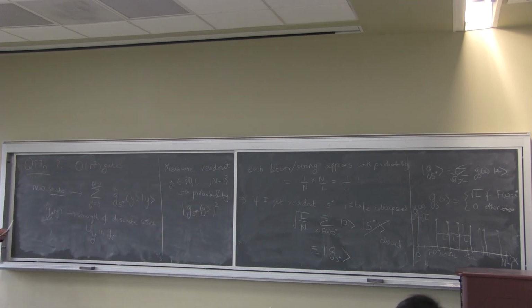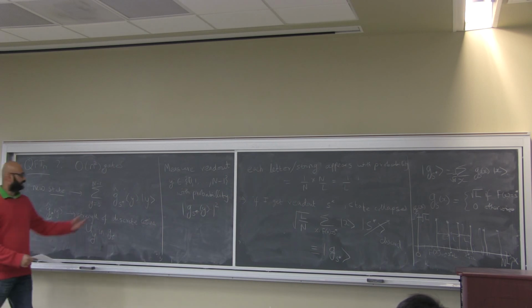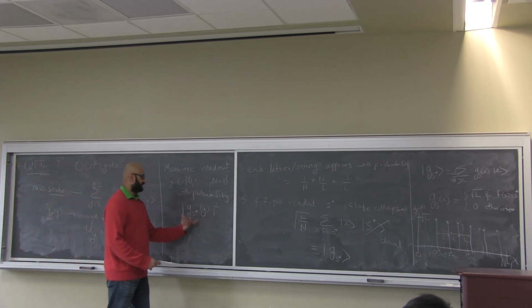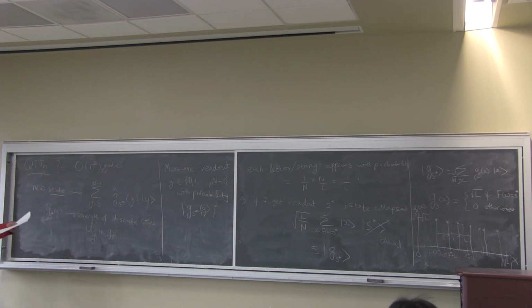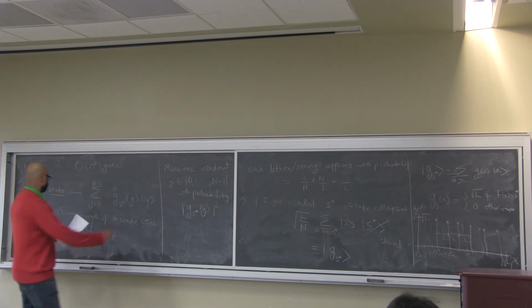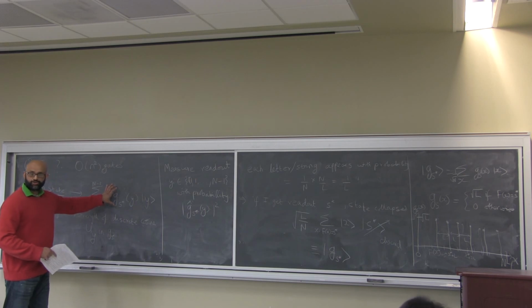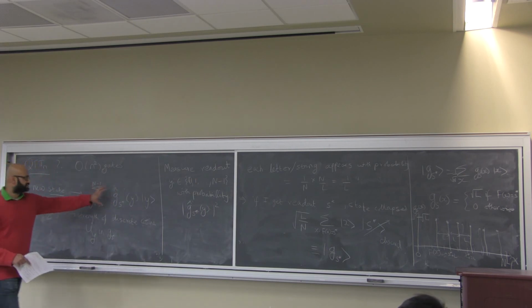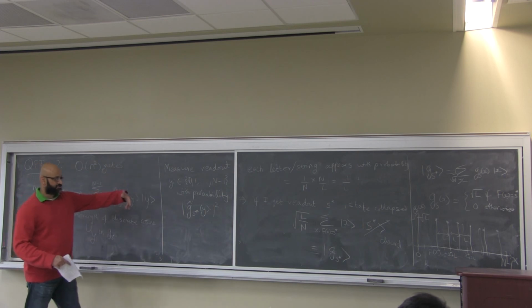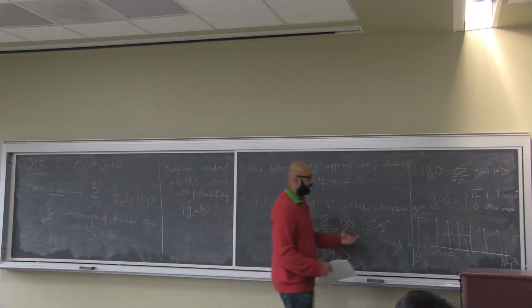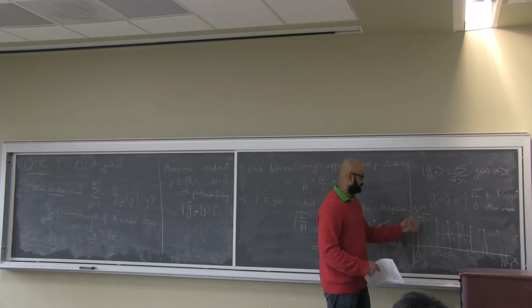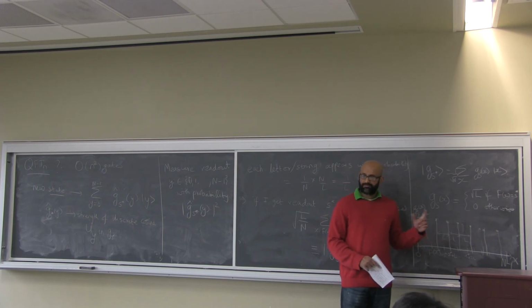So when I measure the readout now on the input register, I will get the strength of this cosine with the probability GS star of y. Basically, you get a Fourier transform of this function GS star of x as the coefficients in this new superposition. And this GS star of y is the Fourier transform of this function GS of x. Does that make sense?